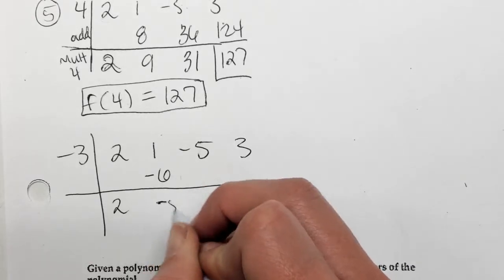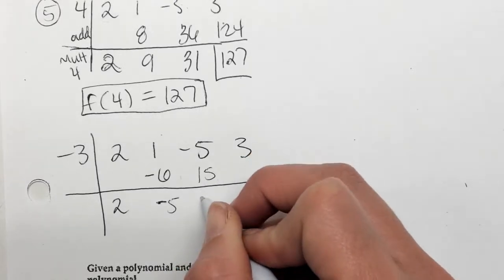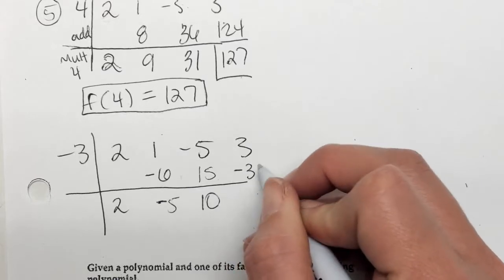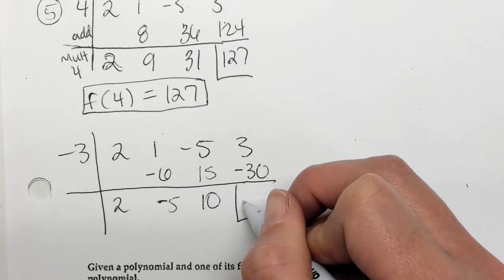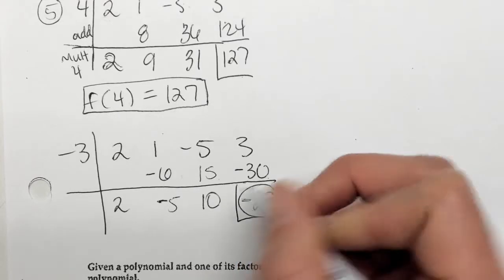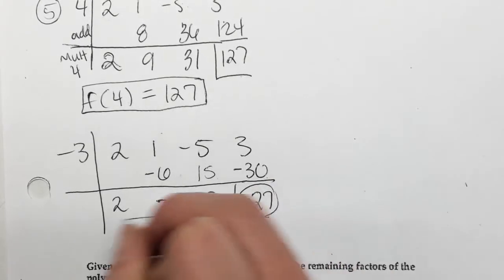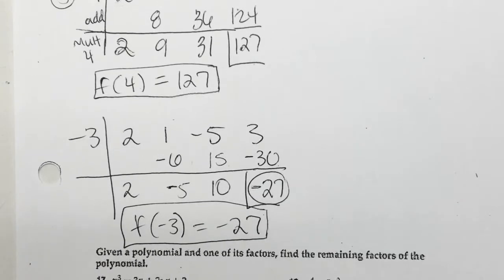Negative 5. Good. Brandon? Good. Toby? Good. Sawyer? Good. And Sydney? 47. Try one more time. Negative 27. Yes. So f of negative 3 is negative 27. And again, you can check this by plugging it in if you would like.